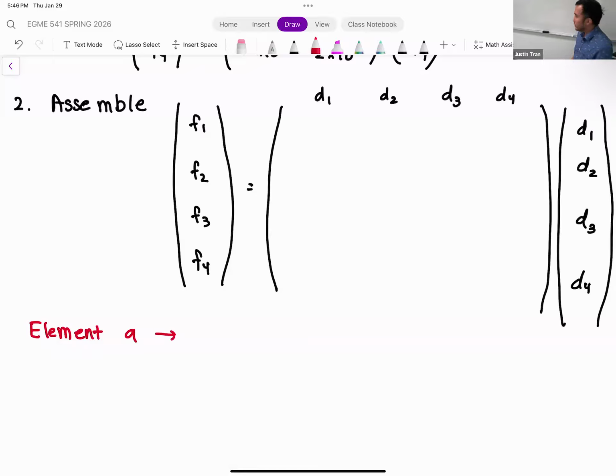All right, so just like we did in the previous example, let's make note of the nodes that these elements are connected to, and then partition out the appropriate areas within the global linear system.